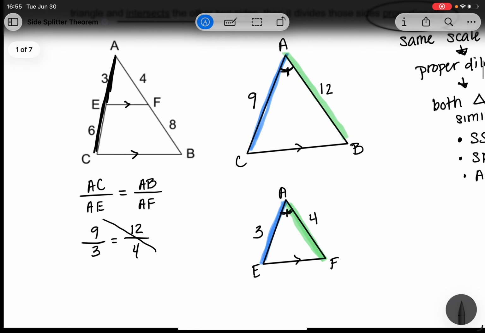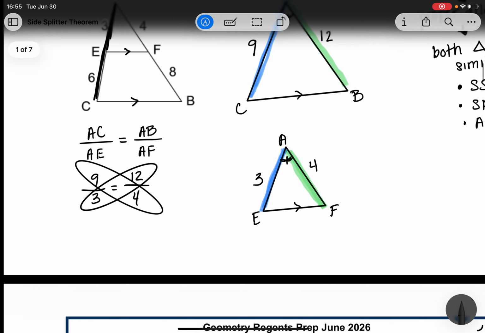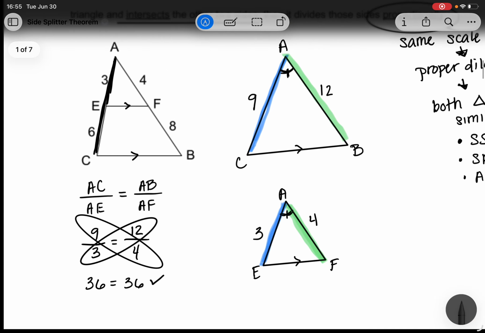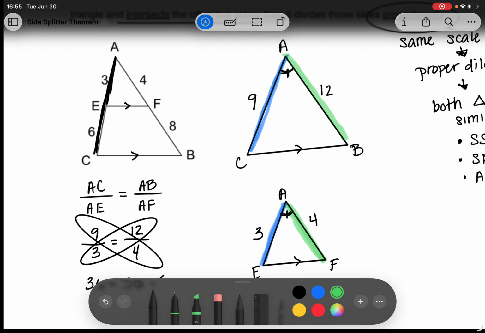So we're going to cross multiply. If we get the same value for both sides, then we know that we found a proportional relationship. So 9 times 4 is 36, and then 12 times 3 is also 36. So this works. And then our scale factor to get from our large triangle to our small triangle is going to be 1/3. Some of you may think it's 3, but we're going from large to small.